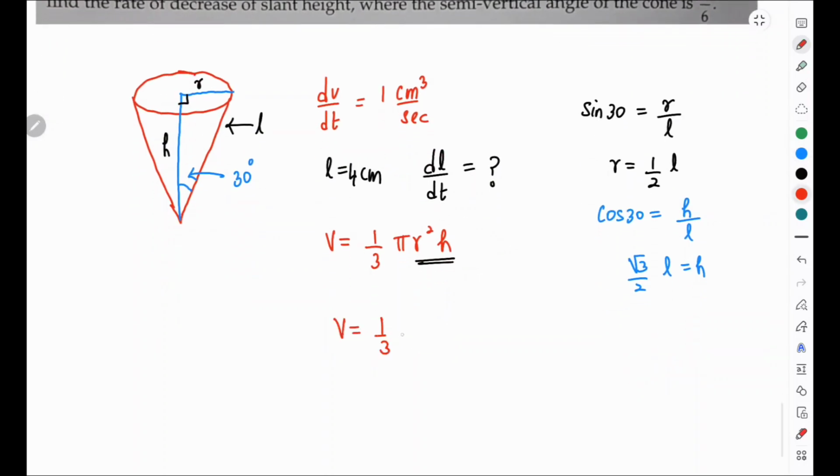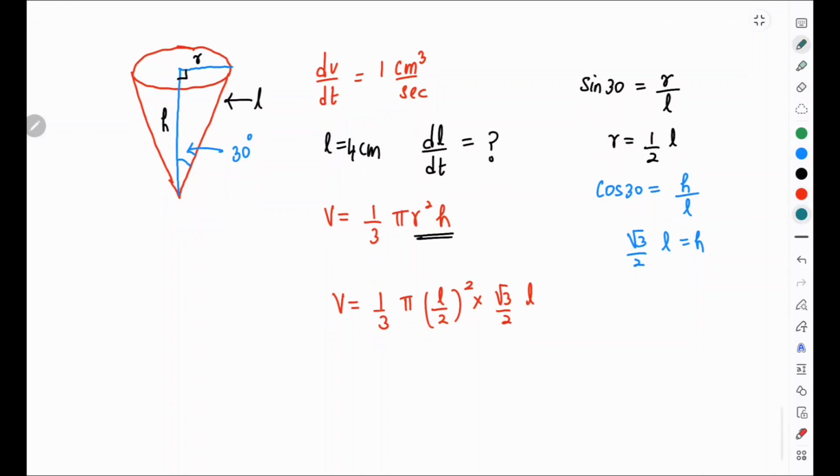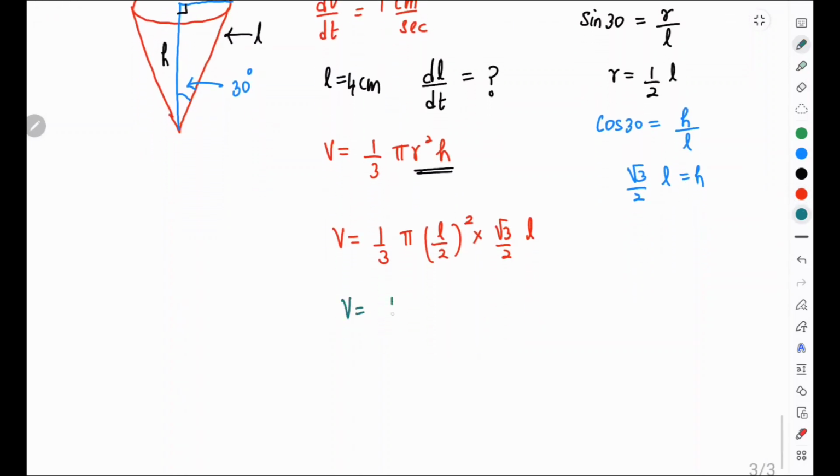So 1 by 3 pi into r square can be written as L by 2 the whole square and root 3 by 2 L, right? So we get volume is equal to 1 by 3 pi L cube root 3 by 8. Now let us differentiate with respect to time.